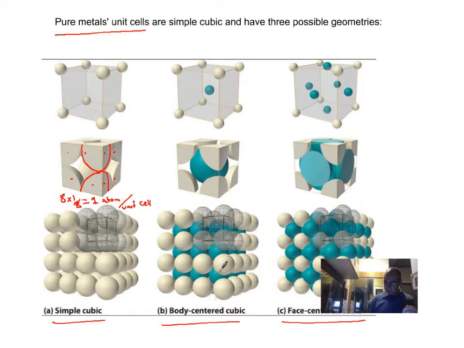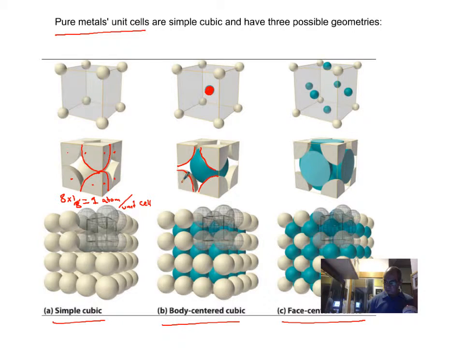Now if you're body-centered, within the cube you also have 1 atom trapped. So now you have more atoms per unit cell. You still have 8 atoms at each corner. Now this is again a more accurate picture. There are voids. The surface atoms are really not touching each other, so you have a gap here and there, and there is 1 atom inside.